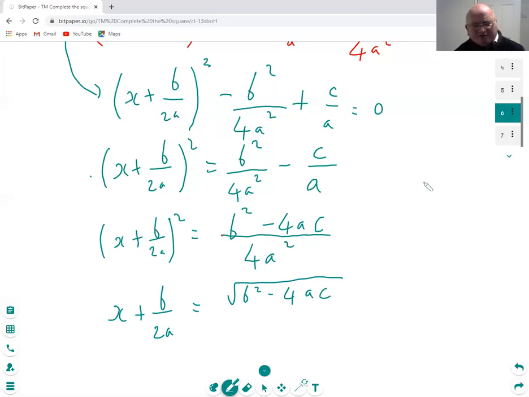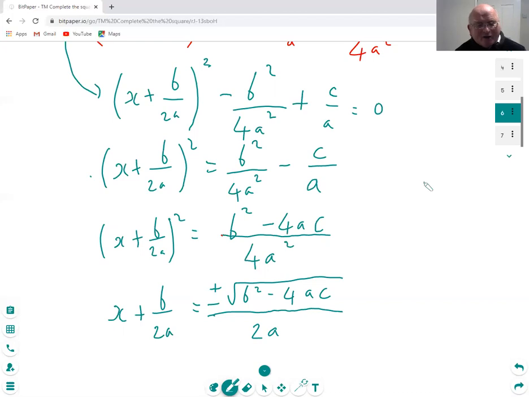When you start taking square roots, you can't forget the minus version of the square root. There's a plus or minus for the whole thing, but we're putting it on the top. And the square root of 4a squared is actually 2a, plus or minus 2a, but the plus and minus interact, so we only have to put it on the top.